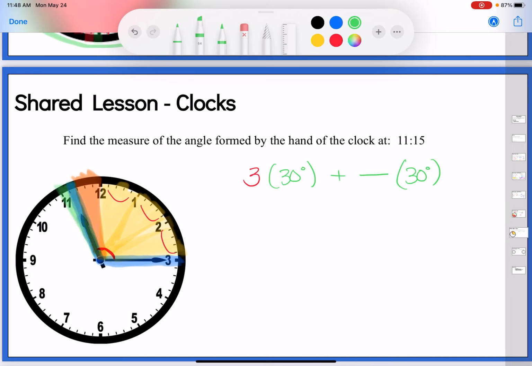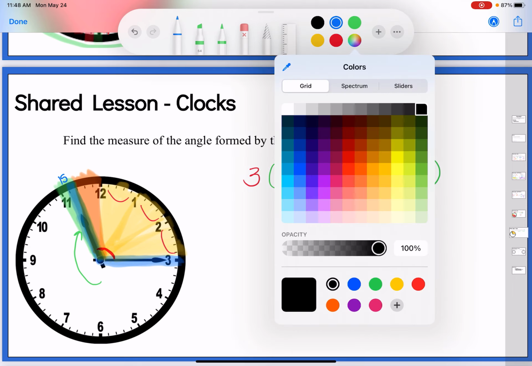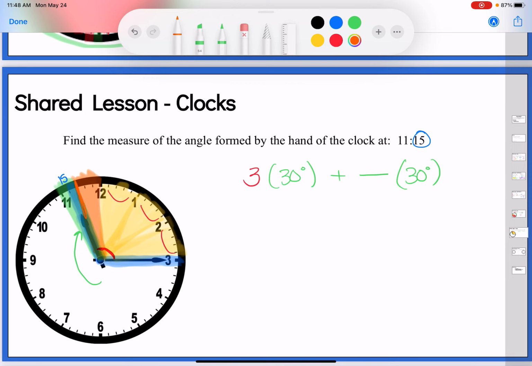Here's the 11. It's moving this way around the clock. So since it's 11:15, this amount is 15 minutes. And that's to get to the hand. That's where the hand is.